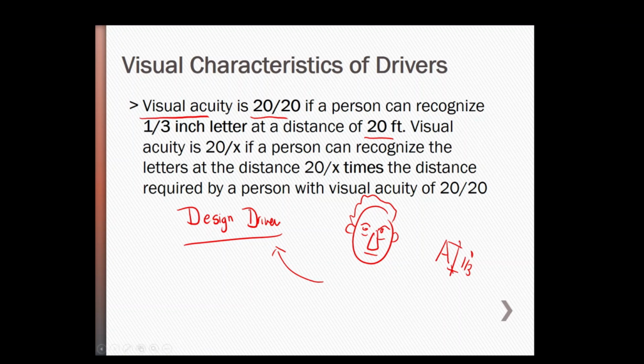This is how the doctors see it. If you have a guy with not 20/20, you have 20/x, so the person can recognize the letters at a distance of 20/x times the distance required by the person with 20/20. This is the eye doctor's definition of a 20/20 driver.